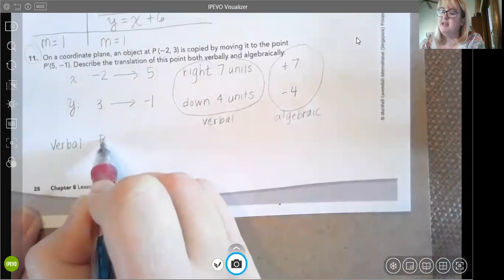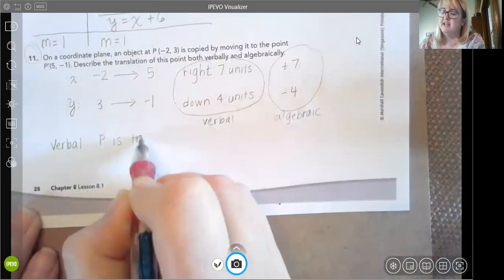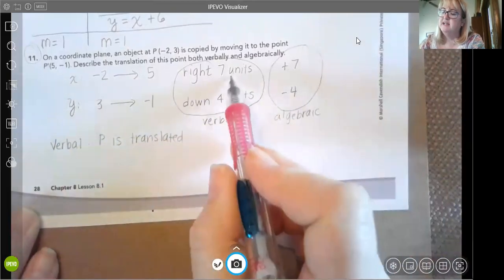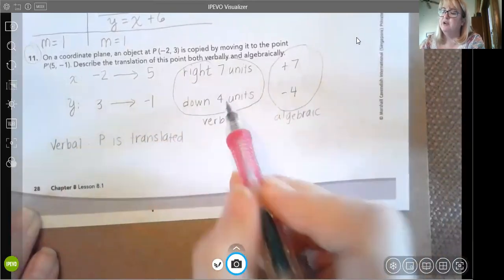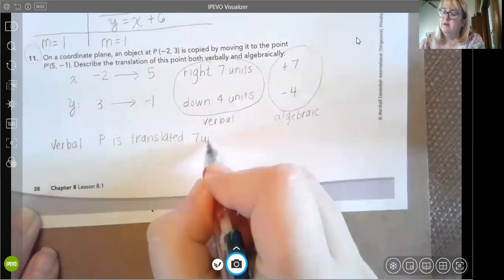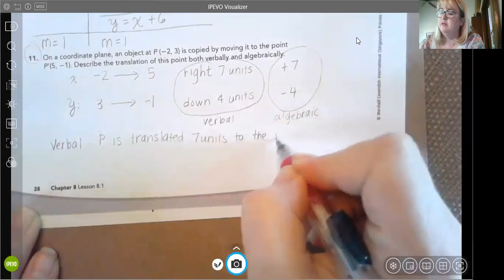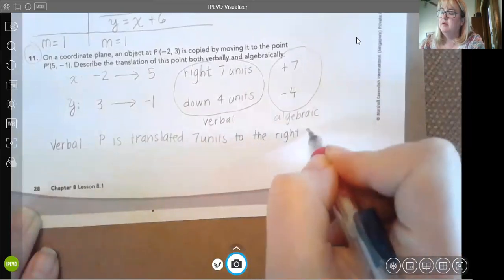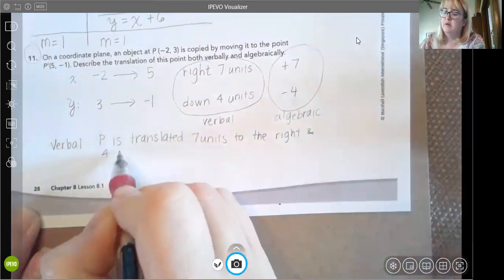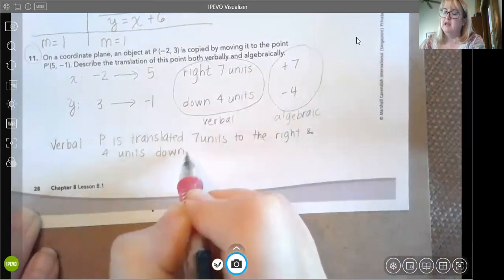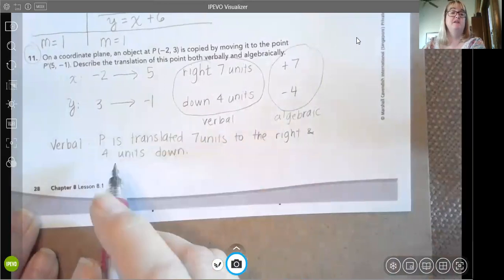So we will say P is translated 7 units to the right and 4 units down. Okay, that's my verbal description.